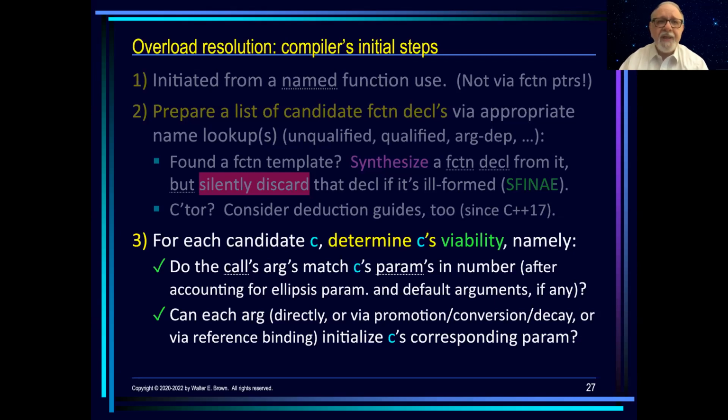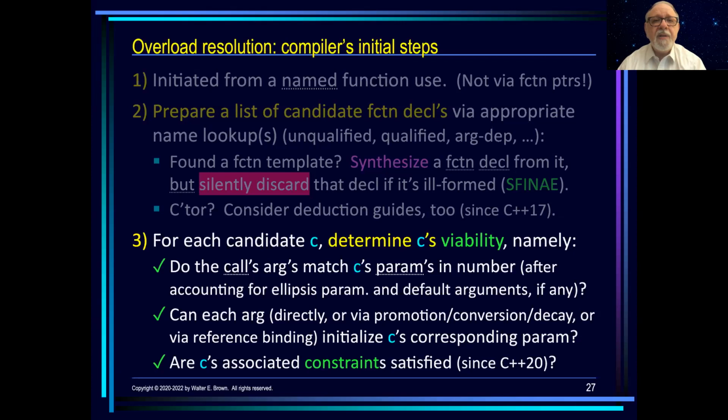And one more interesting consideration. If there are associated constraints, ever since C++20, and those constraints are not satisfied, then this is not a viable candidate. The constraints only come into play as a tiebreaker, and we'll talk about that later. If we have multiple declarations, and they all have satisfied constraints, those are going to become tiebreakers. We'll talk about that in a little bit.